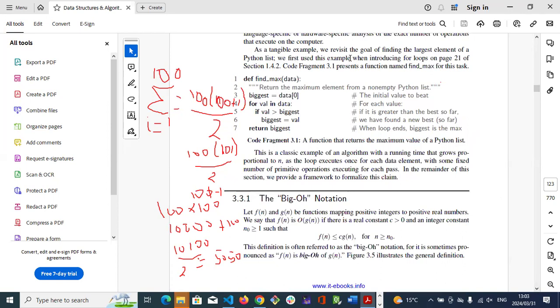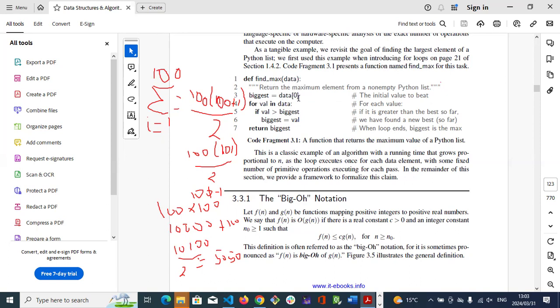As a tangible example, we revisit the goal of finding the largest element of a Python list. We first used this example when we introduced loops. Let's define the function find_max of the data.